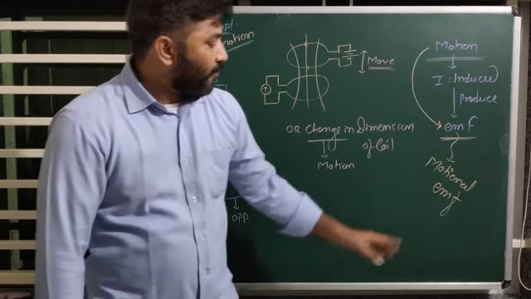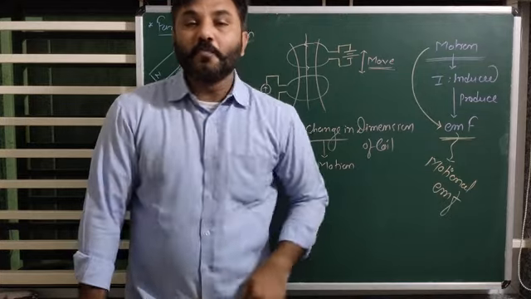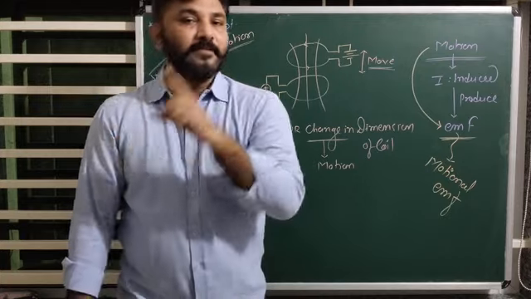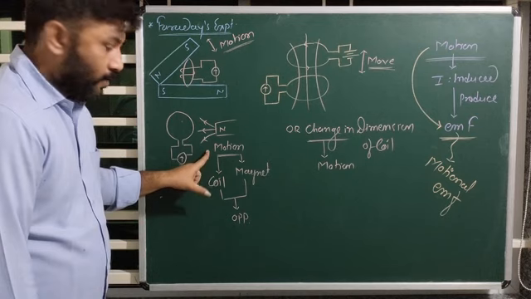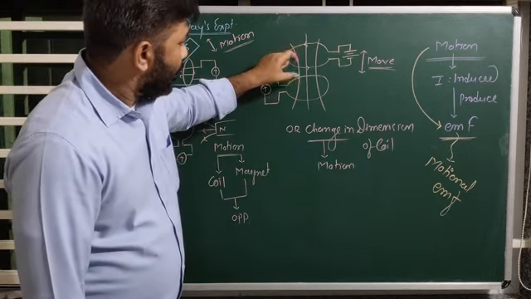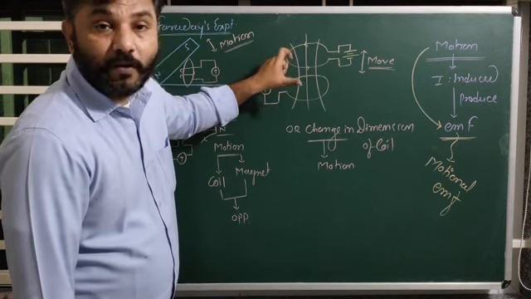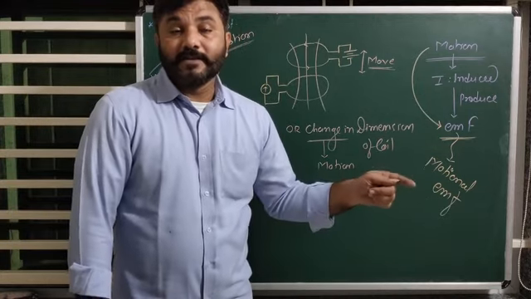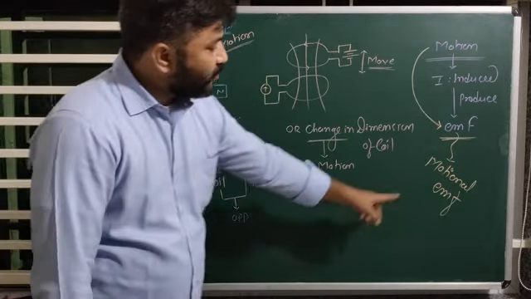Such EMF is known as motional EMF, and you can produce motional EMF by the following ways. First, second, any one. Third, by moving any one coil or by moving both the coils and change in direction. So these are the ways how to produce motional EMF. So the answer is here. What is motional EMF? So the definition is here.